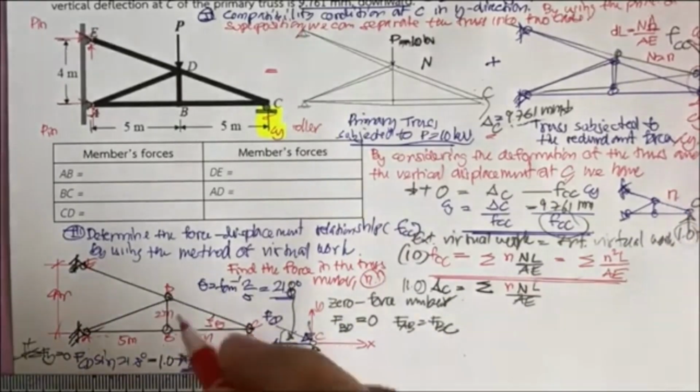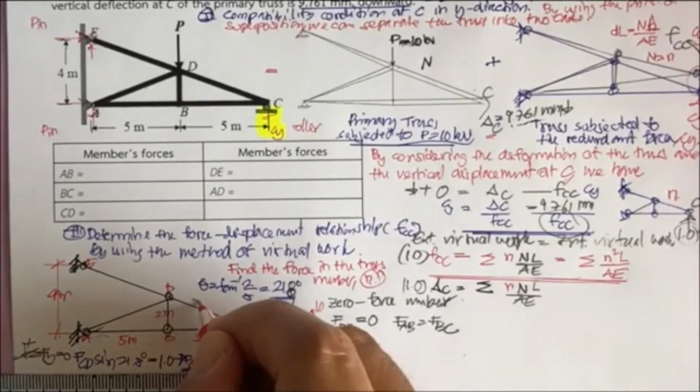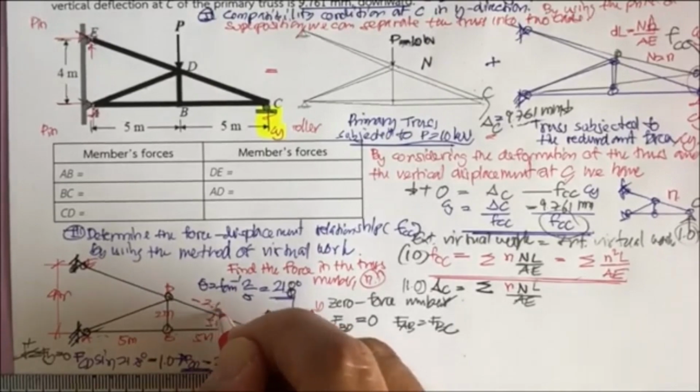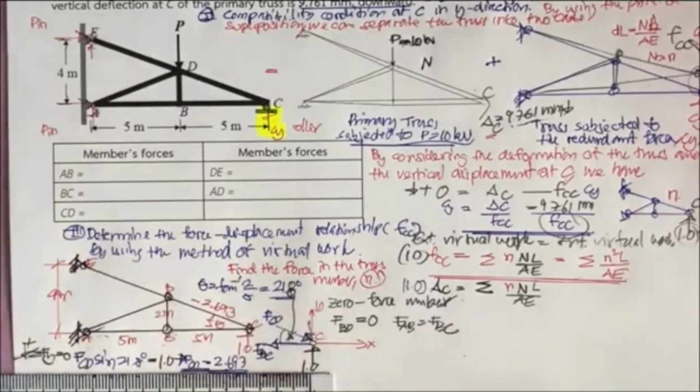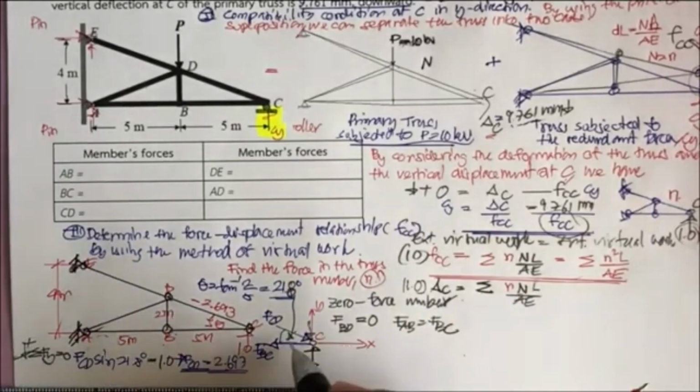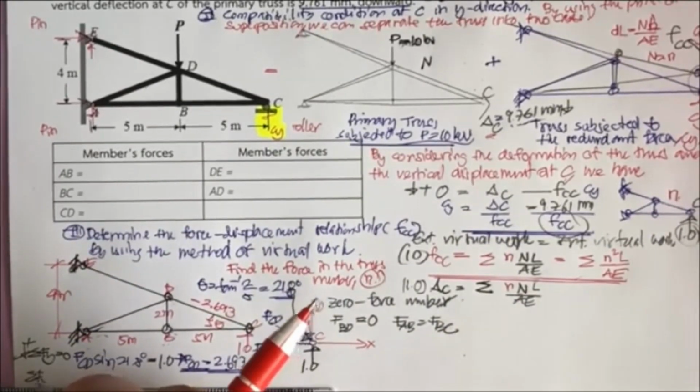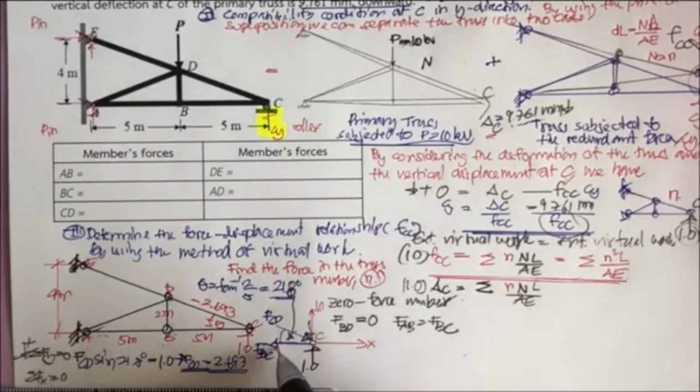So you get this one for compression, minus 2.693. Okay, and another one, you have the summation of F sub x equal to 0, and this direction is plus.